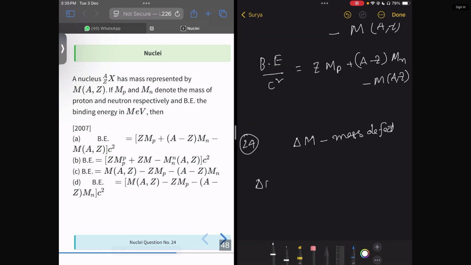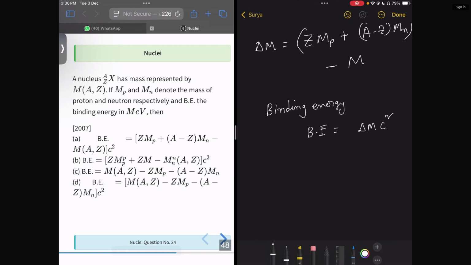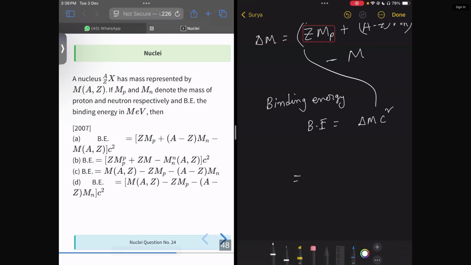So delta M will be nothing but Z into the mass of protons plus A minus Z, the number of neutrons, into Mn, the total mass, subtracted from the initial mass capital M. This will be the mass defect. And the binding energy BE will be nothing but delta M into c squared, the mass energy equivalence. So if you substitute delta M here, it will be that part into c squared. So option A is the right answer according to this.